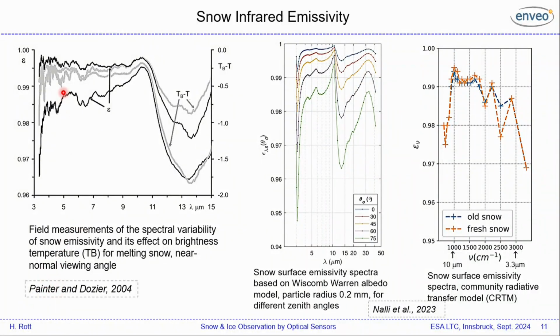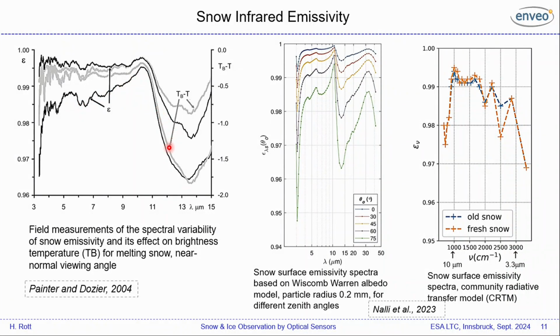These were measurements of emissivity in the Sierra Nevada, and it shows for one case quite high values up to 11 micrometers, and then this drop. And in the other case, there are lower values starting at 3 micrometers and then a maximum at 11.